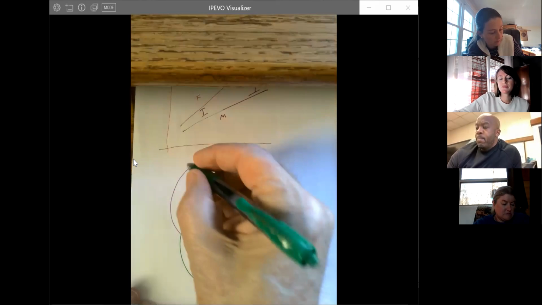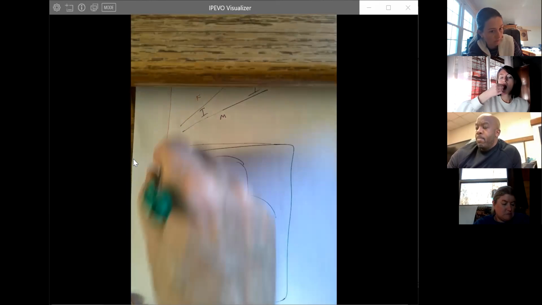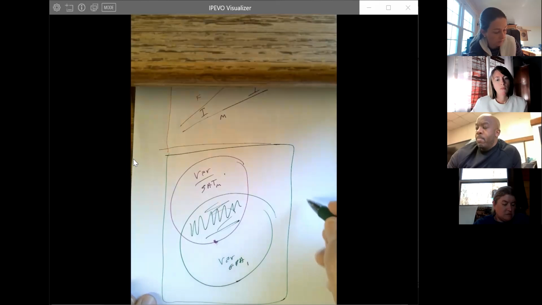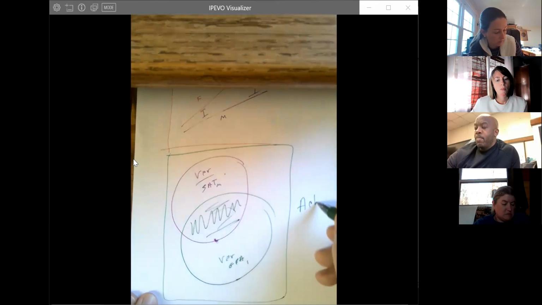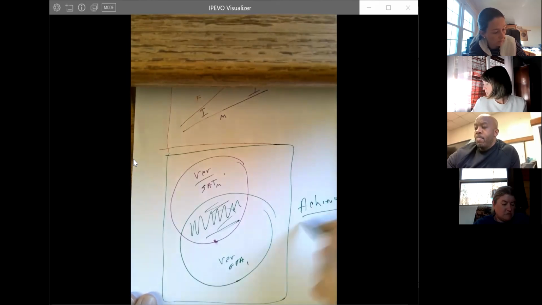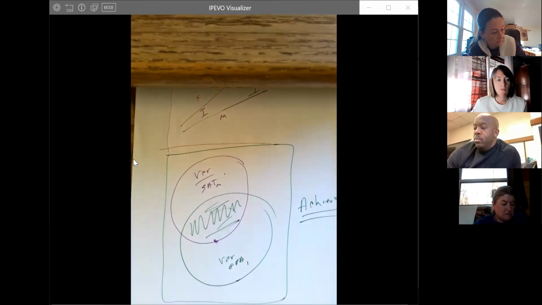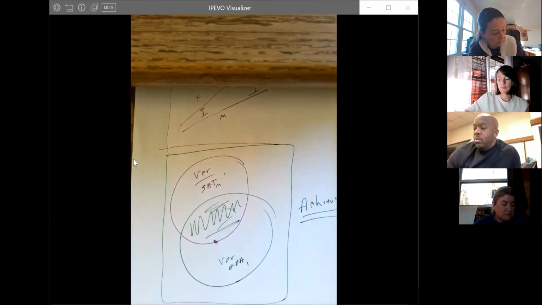And you might think of a bigger concept around this, and the bigger concept might be achievement, because both of those might be measures of achievement. SAT is not a measure of IQ, it's a measure of achievement. And GPA is a direct measure of achievement.